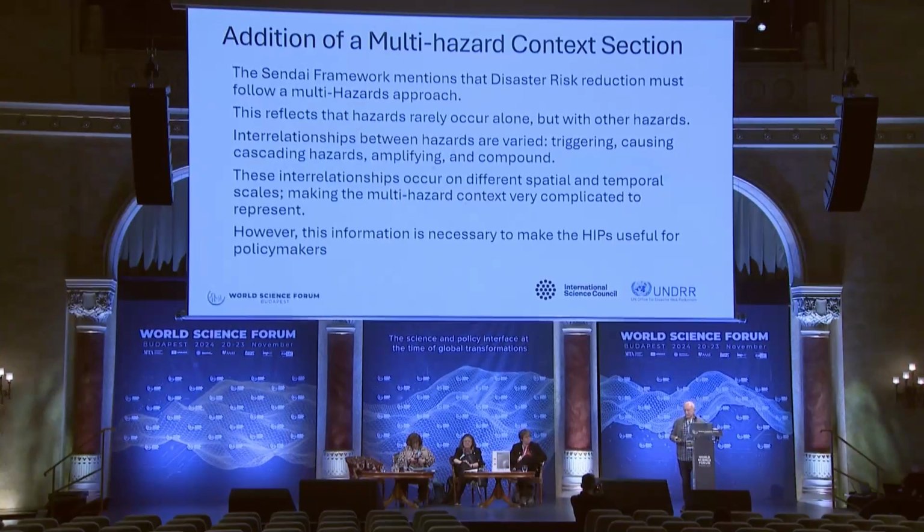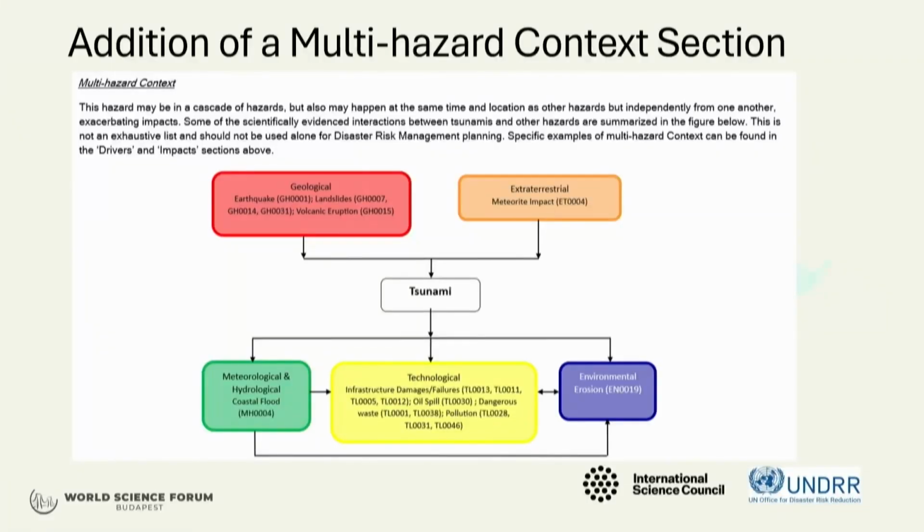If we use an example of this, we are exploring in this review how to represent this multi-hazard dimension of hazard events. The example of tsunamis is very illustrative because there are two main triggers of tsunamis, which are geological: in the case of volcanic hazards and earthquakes.